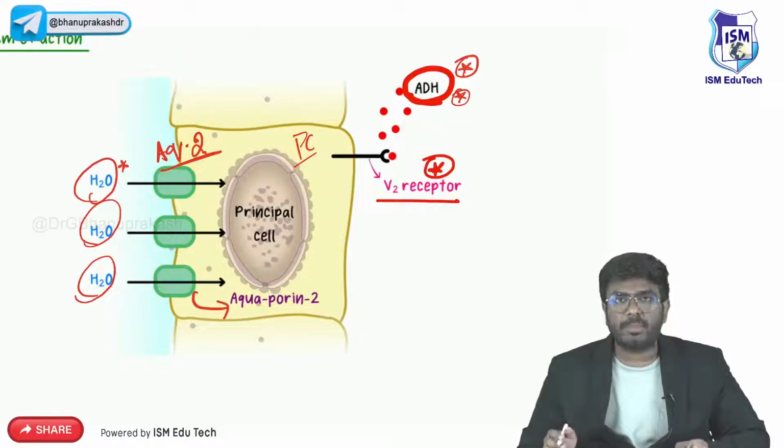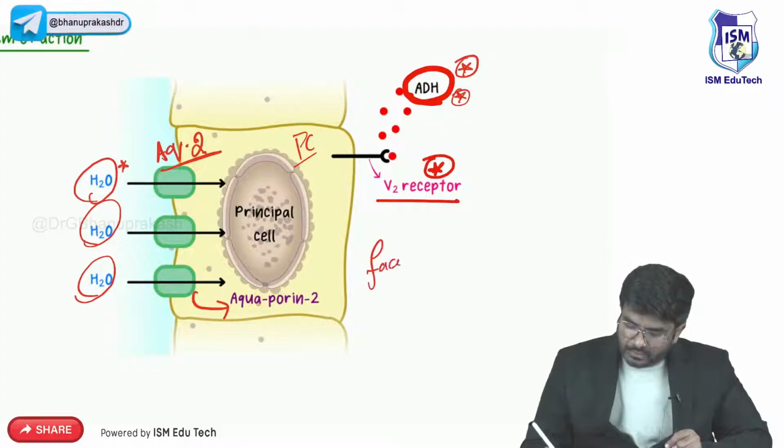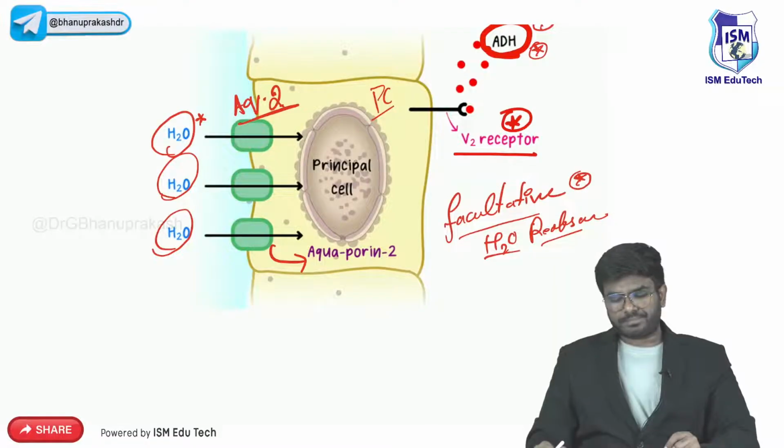Water is reabsorbed in the principal cells under the influence of the antidiuretic hormone. This type of water reabsorption is called facultative water reabsorption. Facultative water reabsorption is seen in collecting ducts.